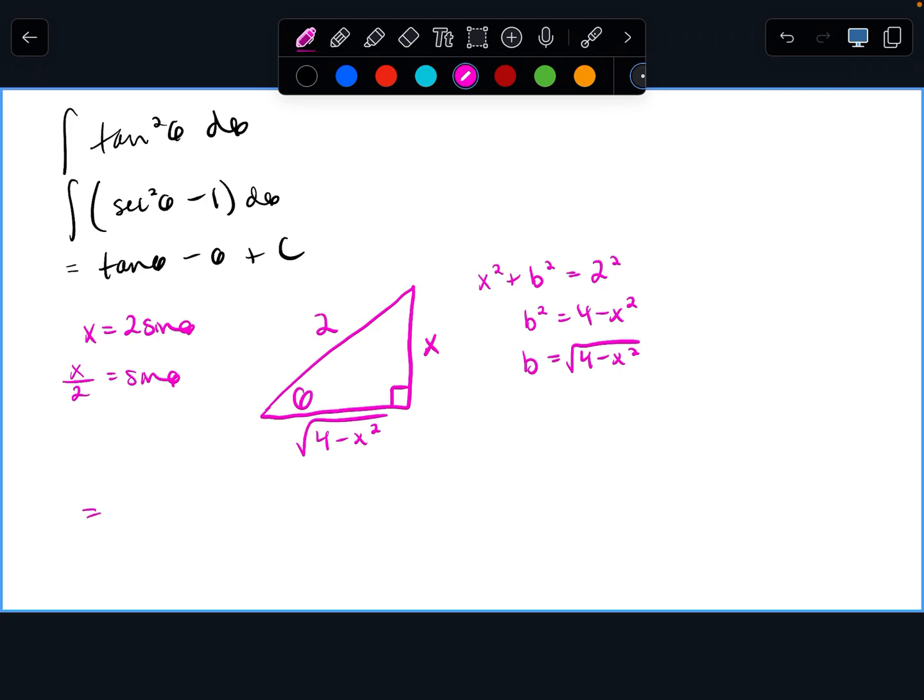Okay. All right, so tangent is opposite over adjacent. Cool. Minus theta. What? Theta? Oh, wait. Can't I just solve for it?